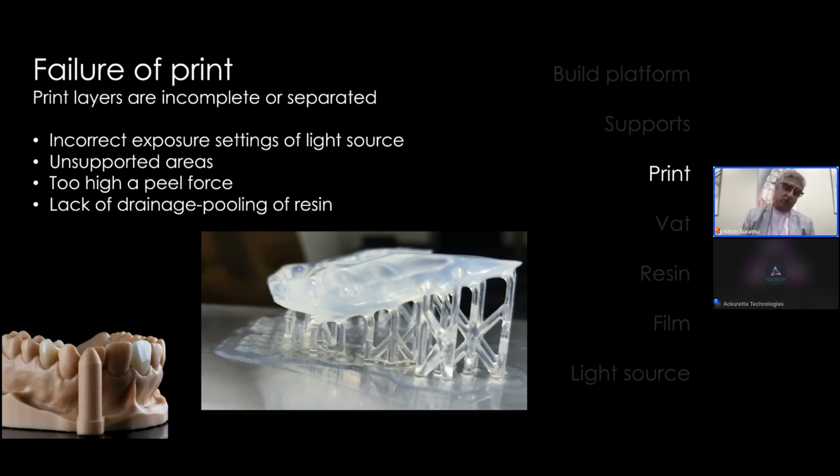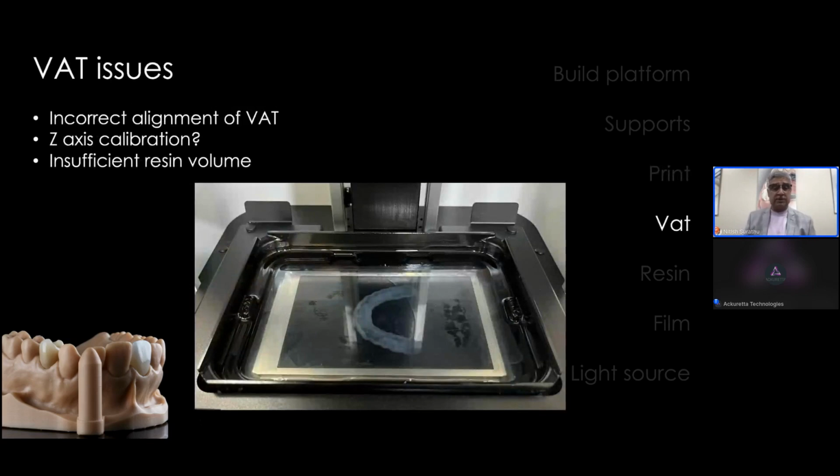But basically, if you don't orient correctly with a resin like the splint resin and with an orientation like this, you can have layers that have a fairly high peel force. And you can also have pooling off the resin if a print is not oriented properly, allowing resin to flow off. So all of these are possible reasons for print failures that have nothing to do with supports themselves.